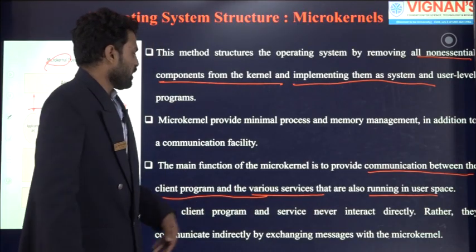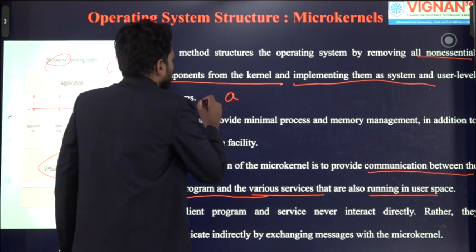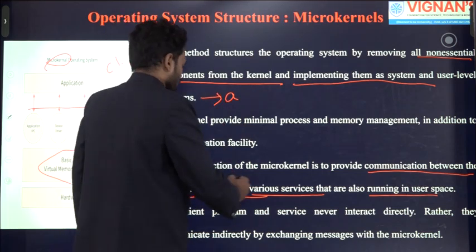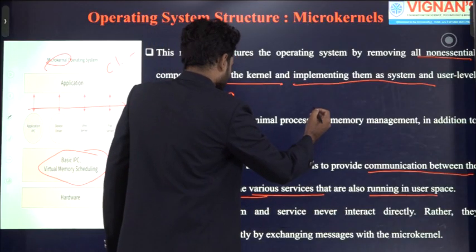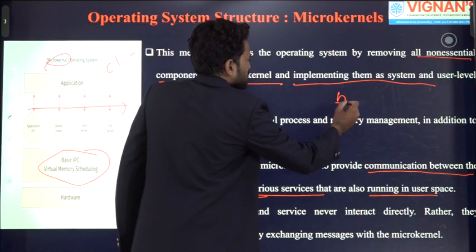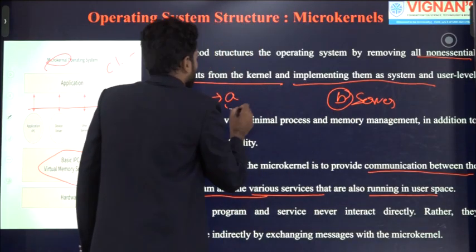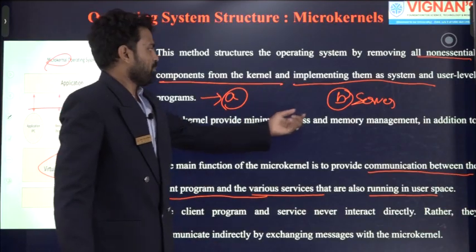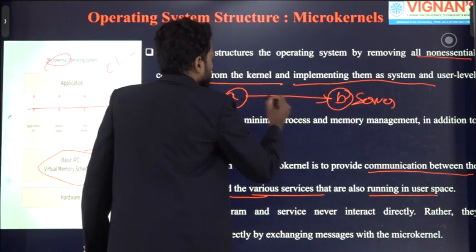So for example, A is my client and B is my server. Here A and B do not communicate directly.